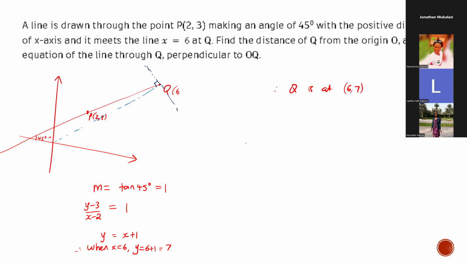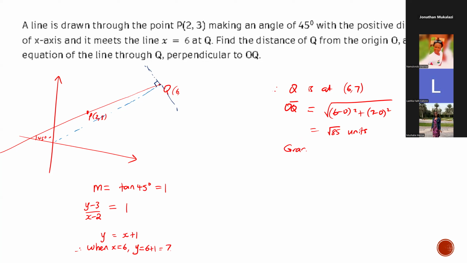The question asks us to find the distance of Q from the origin. So if we want OQ, this is simply going to be the square root of (6 minus 0) squared plus (7 minus 0) squared. So that's 36 plus 49, square root of 85. That is the distance OQ, the distance of Q from the origin. And for the equation of the line through Q perpendicular to OQ, we would need to find the gradient of OQ first.